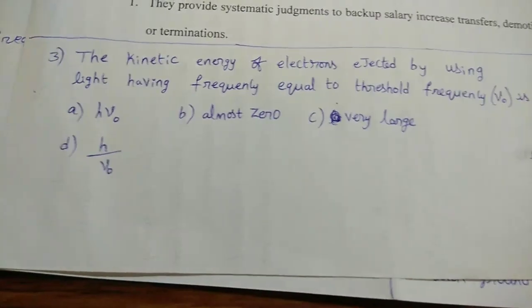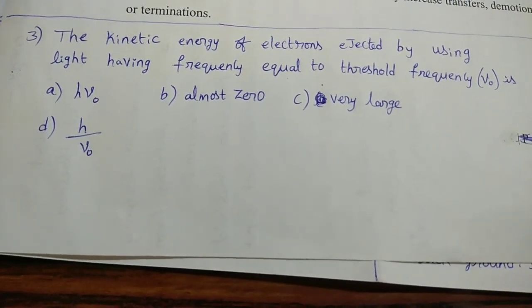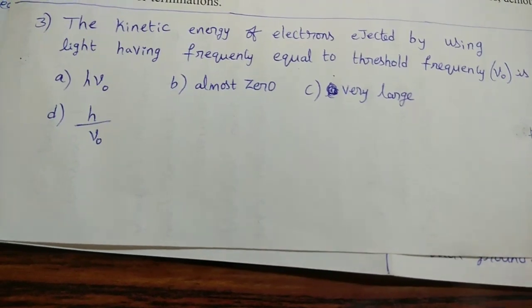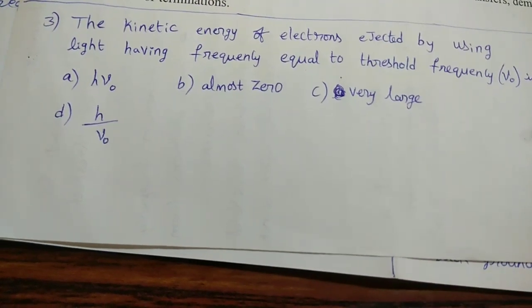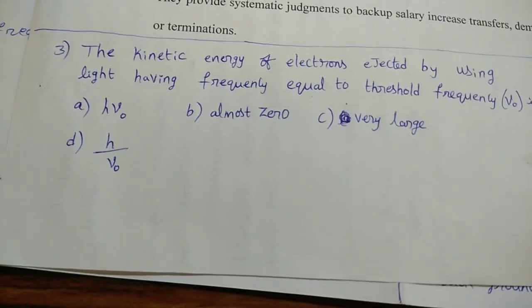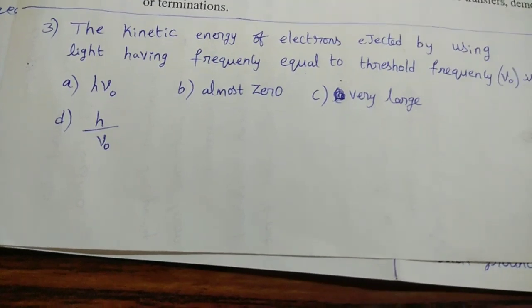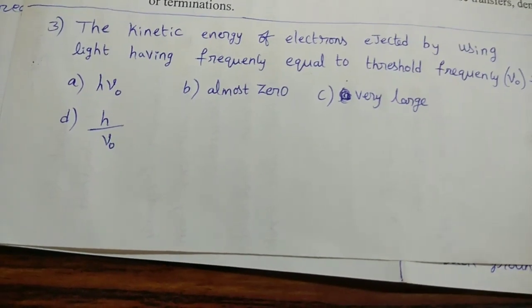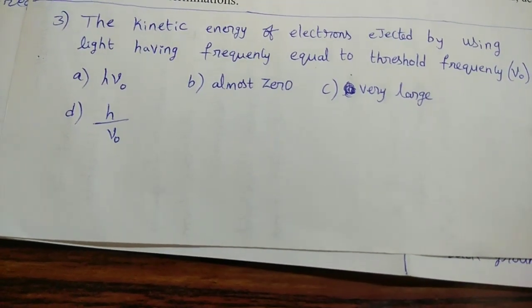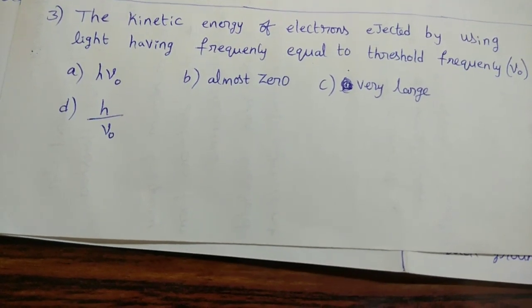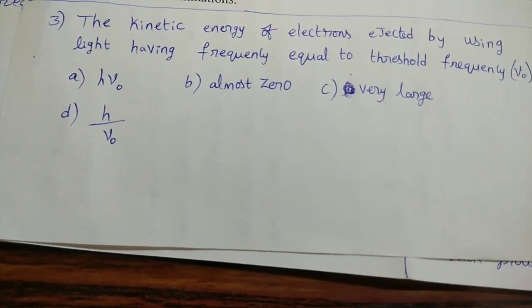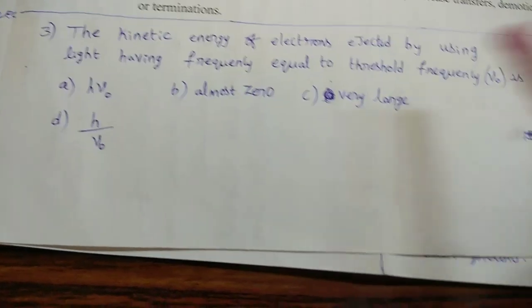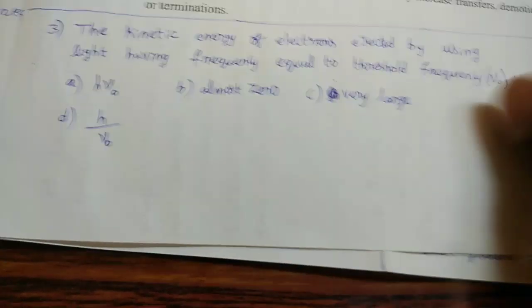Almost zero, because threshold frequency and incident ray frequency is the same. Same means all the energy of incident ray is utilized to overcome the attractive force of the nucleus. That's why the emitted electron's kinetic energy is almost zero. No kinetic energy. So option B is the answer.